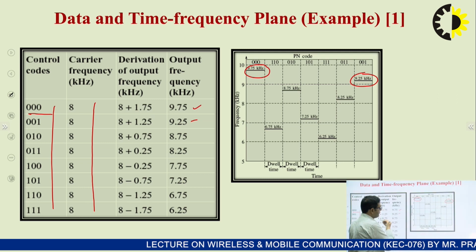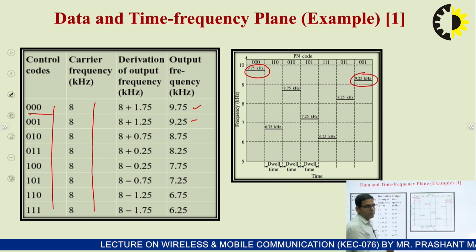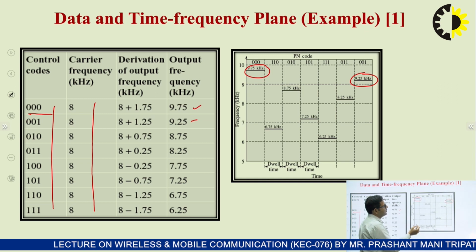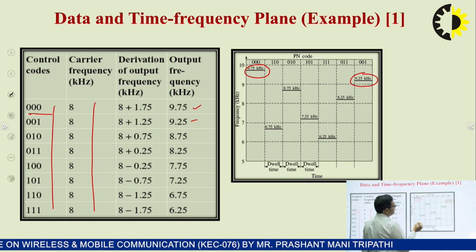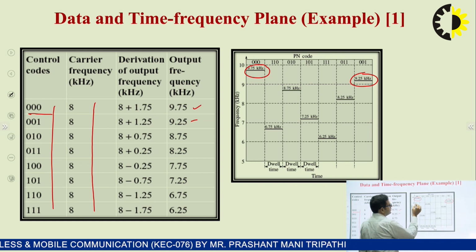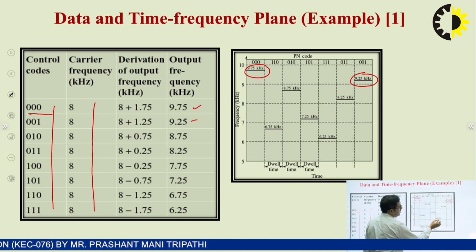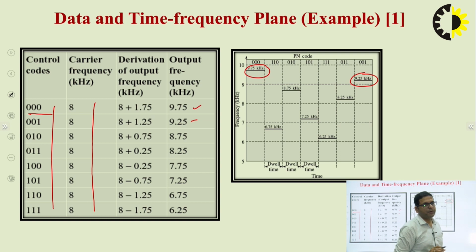So for different PN sequence combinations, we have different frequencies, and it is clearly visualized from this figure that our frequency jumps from 9.75 kilohertz to 6.25 kilohertz. So our enemy can't predict in which particular frequency range we are transmitting the signal.